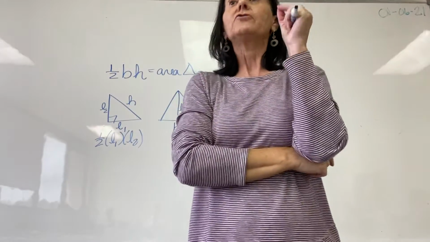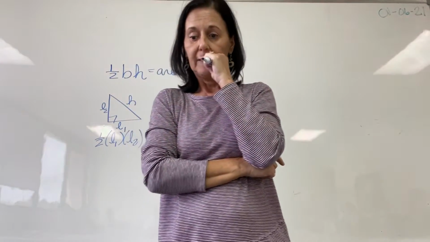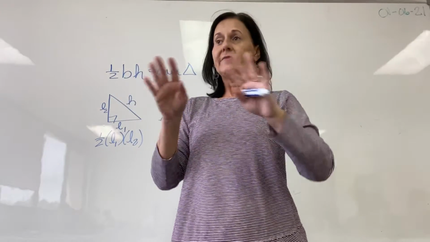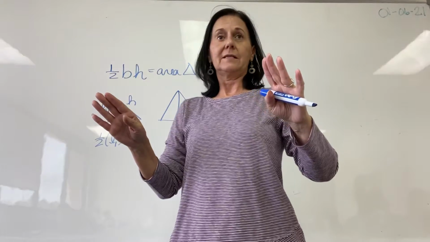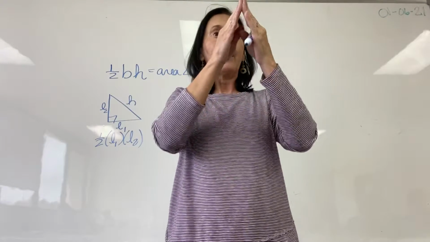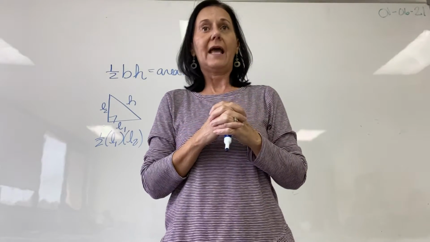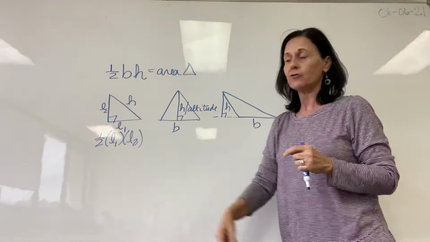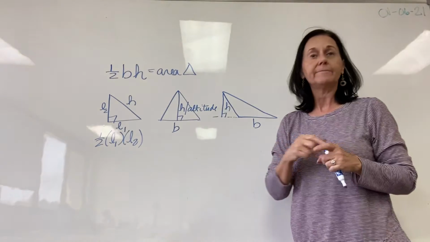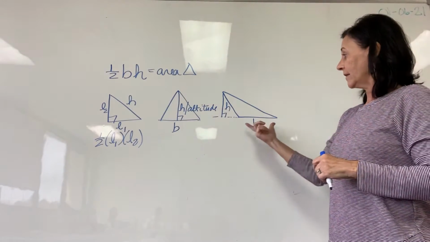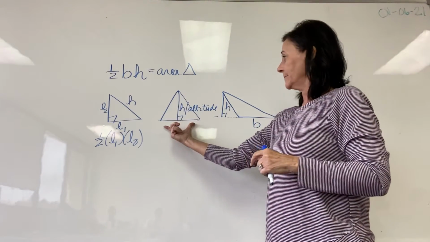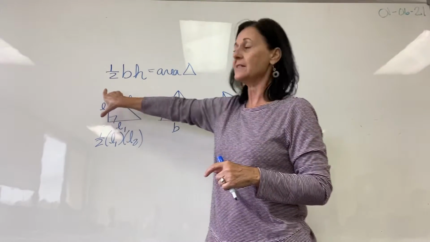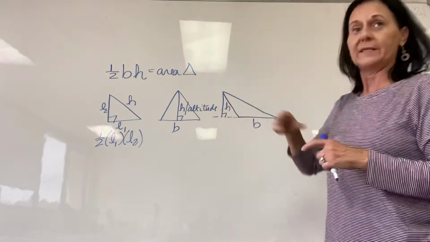Now we can have triangles that look nothing alike, but the length of their base and the length of their altitude is the same. So I could have a right triangle, I could have an acute triangle, and I could have an obtuse triangle, and the lengths of my base could all be the same, and the lengths of my altitudes could all be the same.